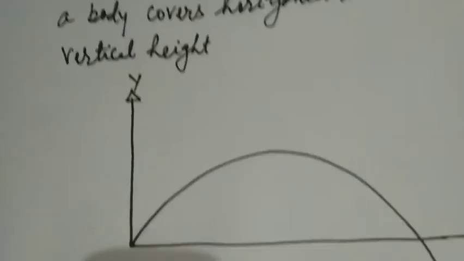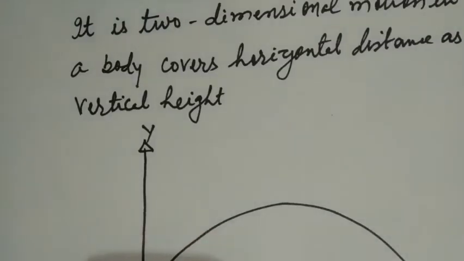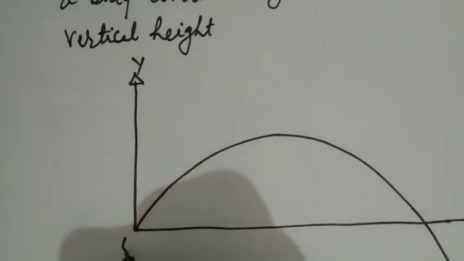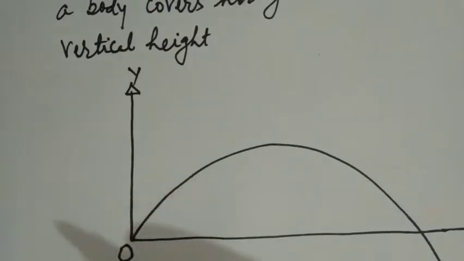So first of all, we need to know what is a projectile. A projectile is a particle which is projected into air obliquely, and the motion attained by the projectile is in a two-dimensional coordinate system, either the xy plane, yz plane or zx plane, any two axes perpendicular to each other.